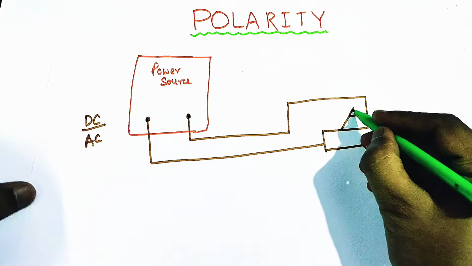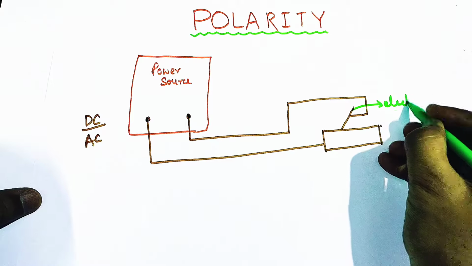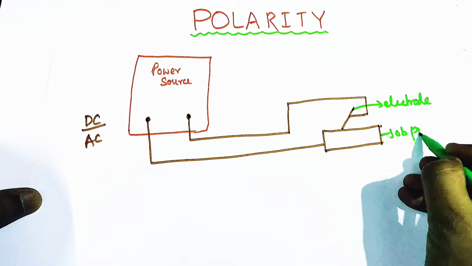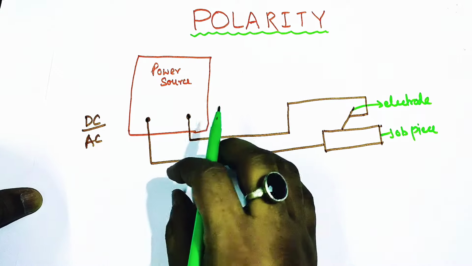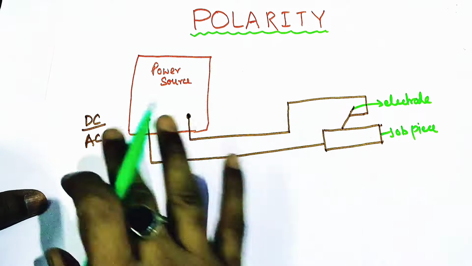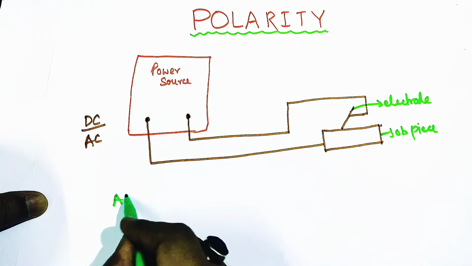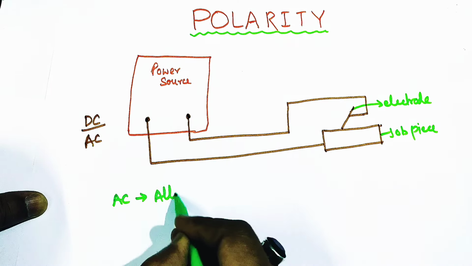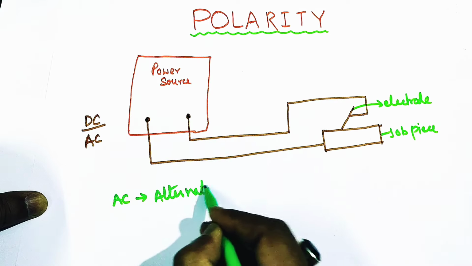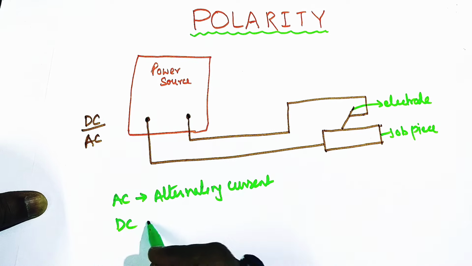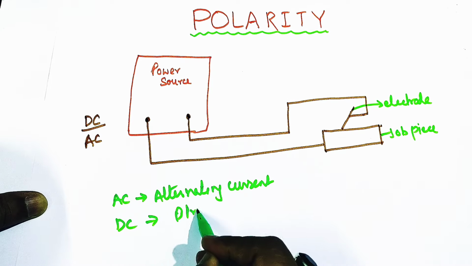So this is your electrode and this is your job piece. Now friends, the output of a power source can be either AC, that is alternating current, or it can be DC, that is direct current.